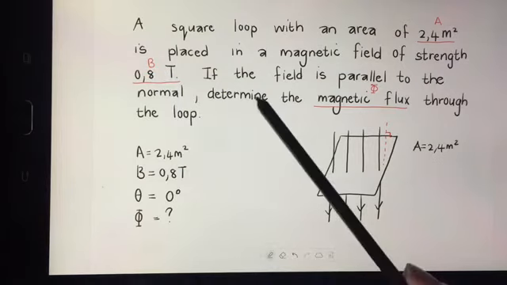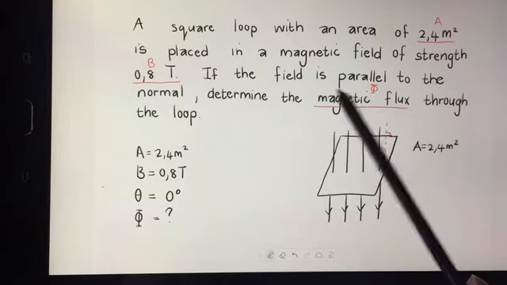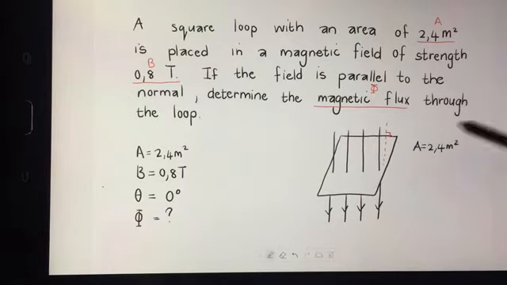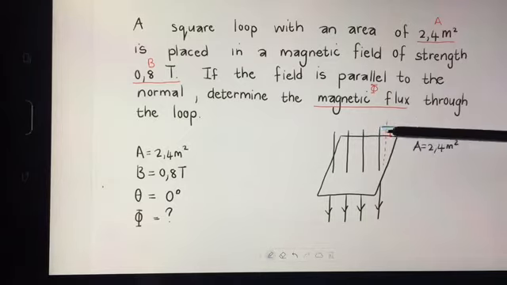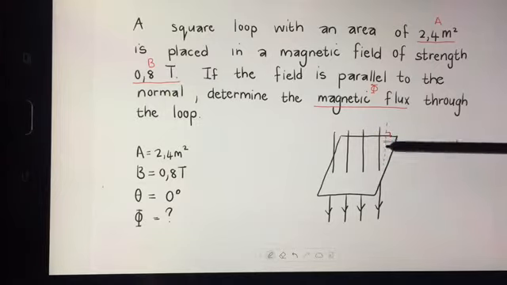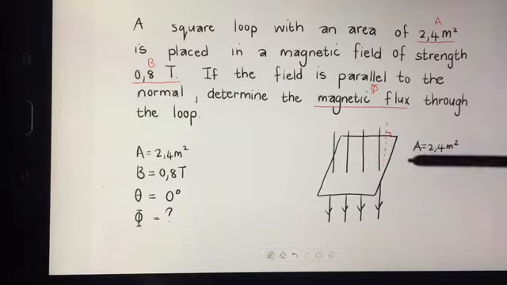And they say the field is parallel to the normal. So if you take a look at the diagram here, here's the normal in red that I've drawn in, because the normal is always perpendicular to the surface area. And here we can see the magnetic field lines are parallel to the normal. And as soon as that happens, theta is going to be 0 degrees.